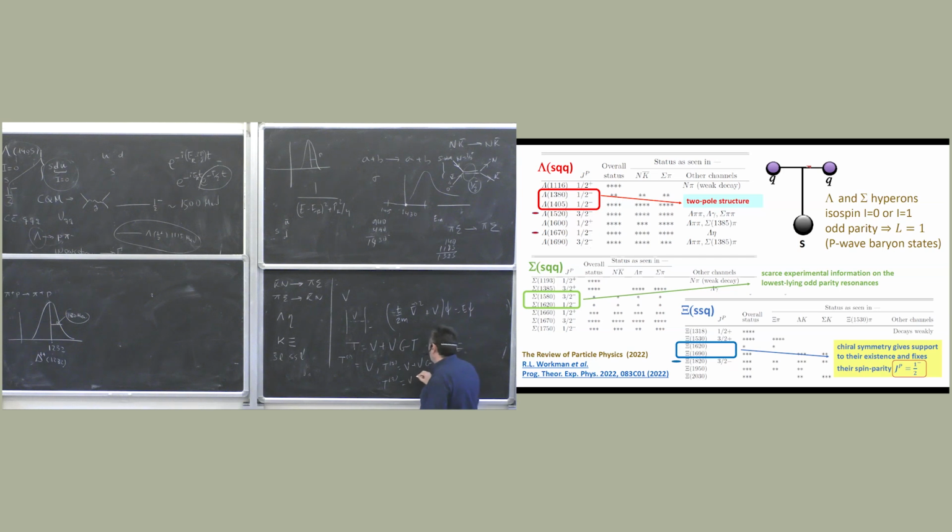So then you say T is V plus VG, and instead of T, I put the order 2, V plus VGV. Order 3 is here. But I can continue, right?